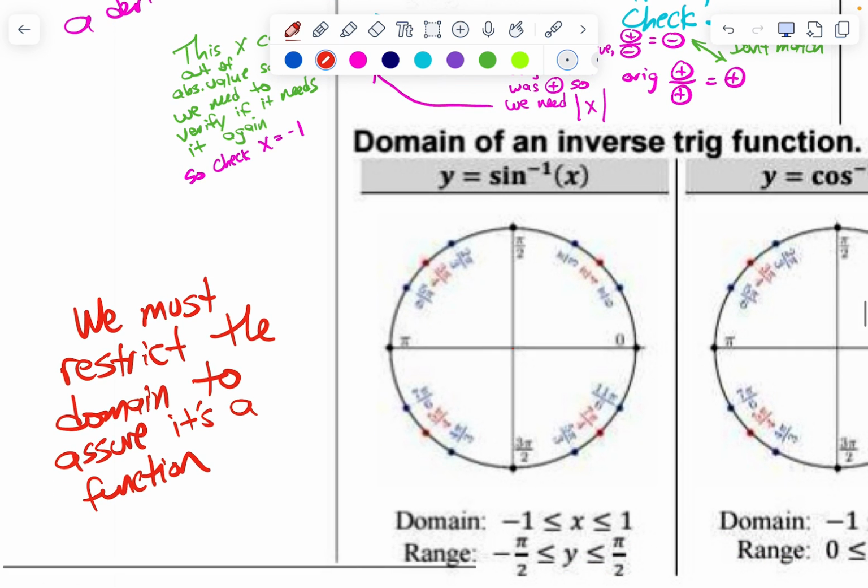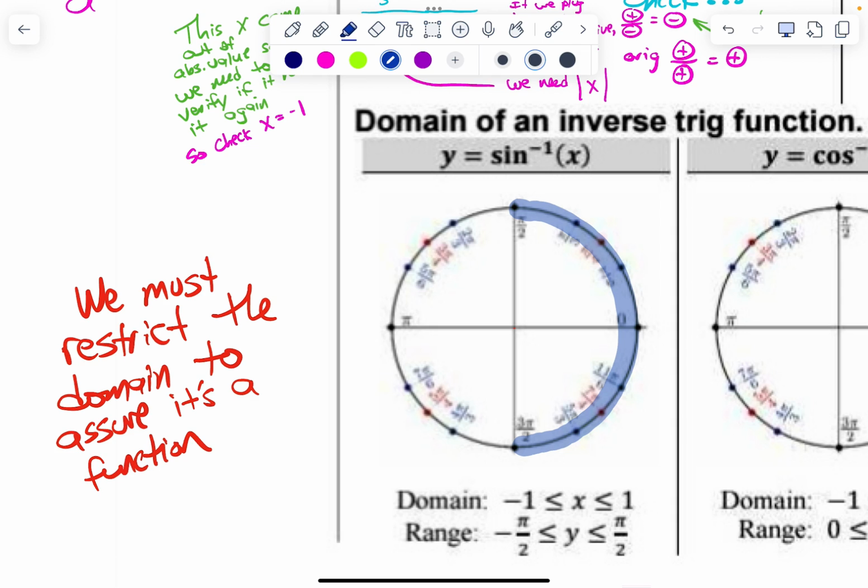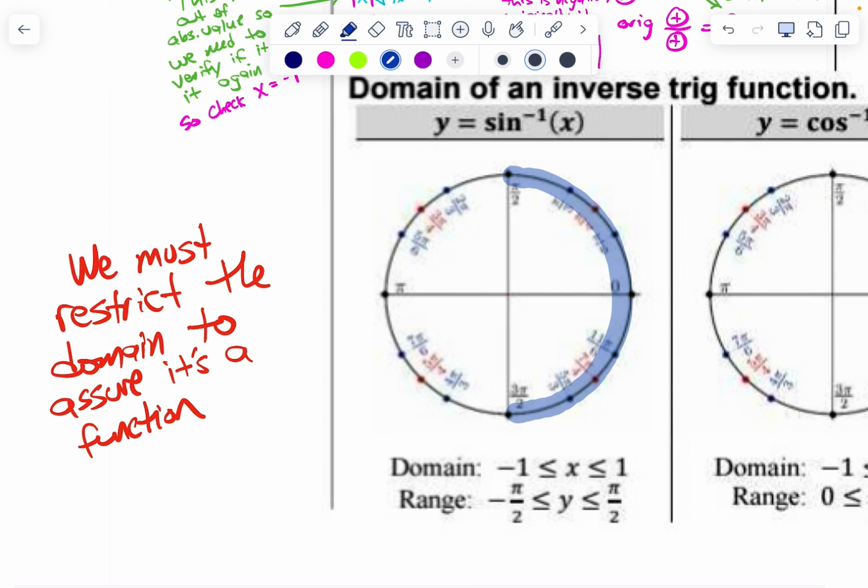If you have a highlighter, it's kind of nice, but for the inverse sine, that's our domain. So we're restricting to the first and the fourth quadrants. And you can read it there. The range is negative pi over 2 to pi over 2. That's our output values, right? Our outputs are now the angles, not the ratios.